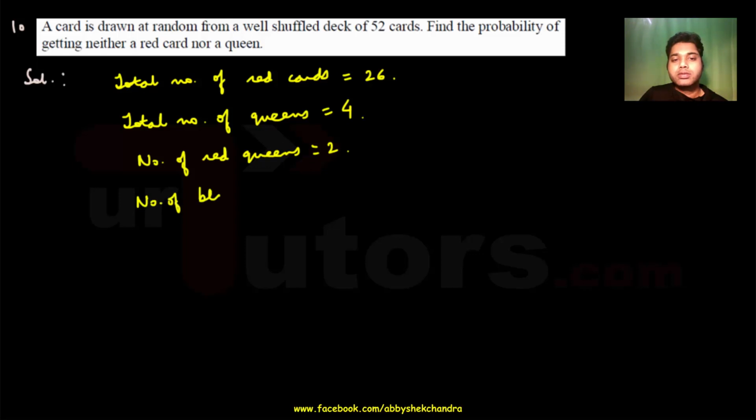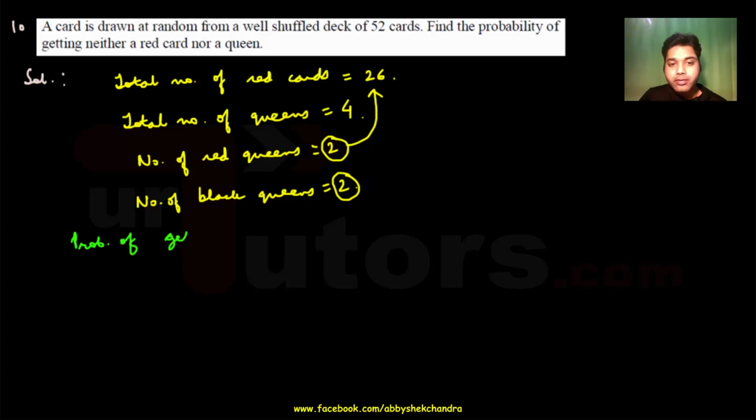Number of black queens is also 2. Now these 2 have already been counted in these 26 cards, but then we have not counted these 2 queen cards, so the probability of getting a red or a queen card will be what?